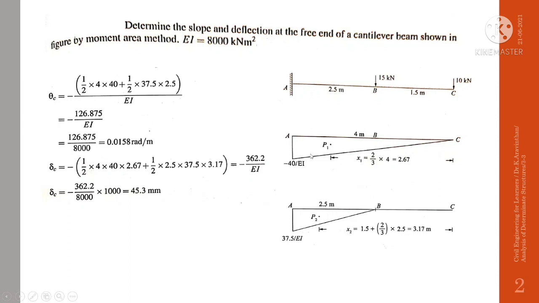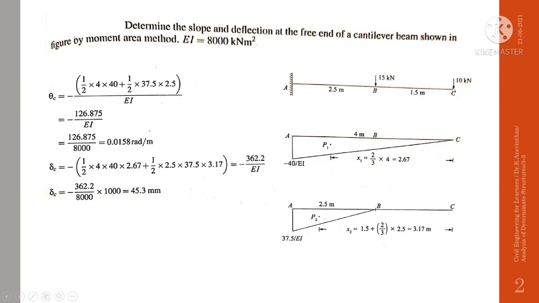Due to the 15 kilonewton load, 15 into 2.5 is 37.5. You can join the line with respect to B. So first we have found the bending moment, and the centroid will be 2/3 of the base. The base here is 4, and 2/3 into 4 will be 2.67.